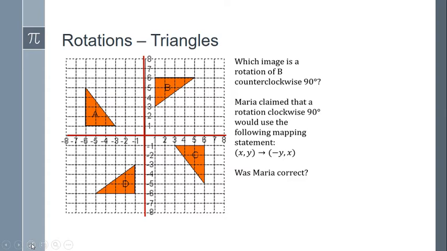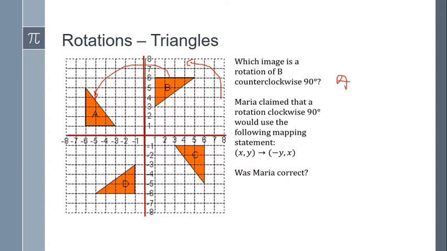So the question here is, which image is a rotation of B counterclockwise 90 degrees? If we took B and rotated it counterclockwise, in this direction, 90 degrees, it would end up right there where A was. So it'd be where triangle A is.